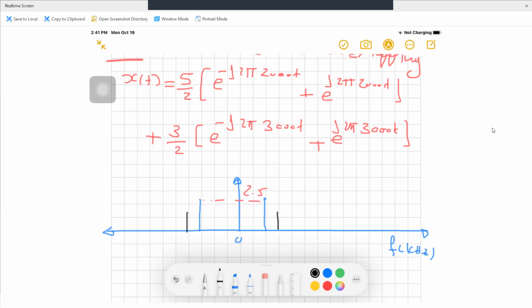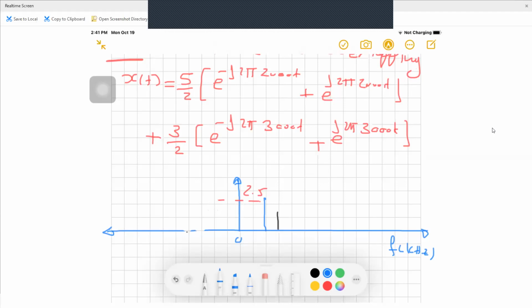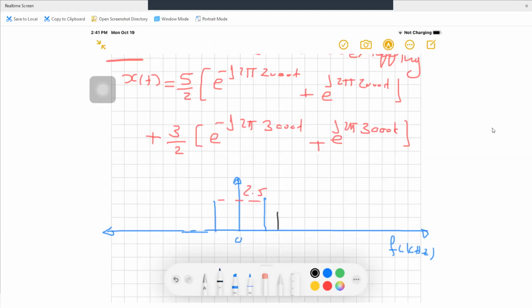Sorry, I made a simple mistake, I'm going to correct it. Now the values are 2, 3, minus 2, minus 3, and this amplitude will be 1.5.